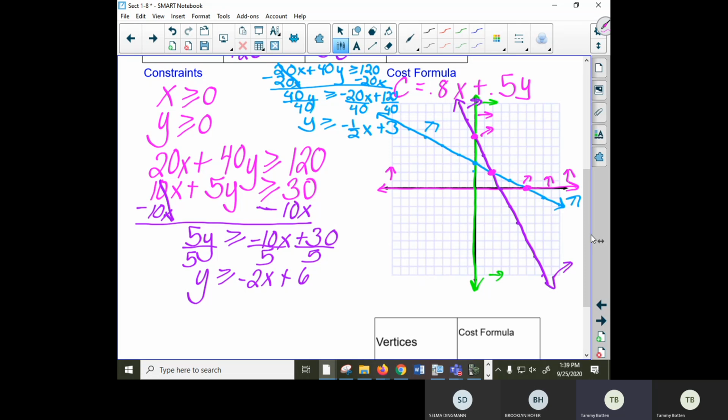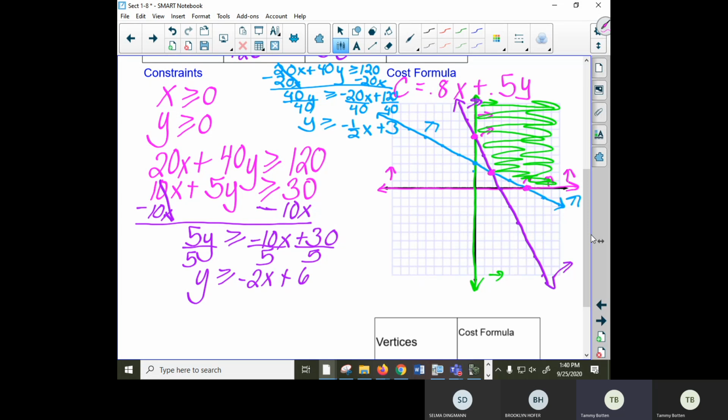So it has to be to the right of the green, above the pink, above the blue, above the purple, and that ends up being right there. Okay? So this one's called unbounded.